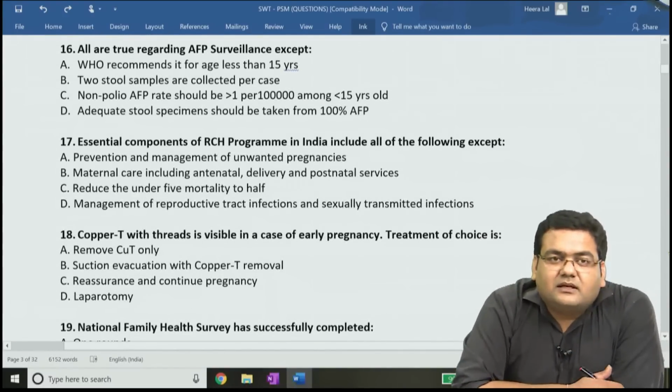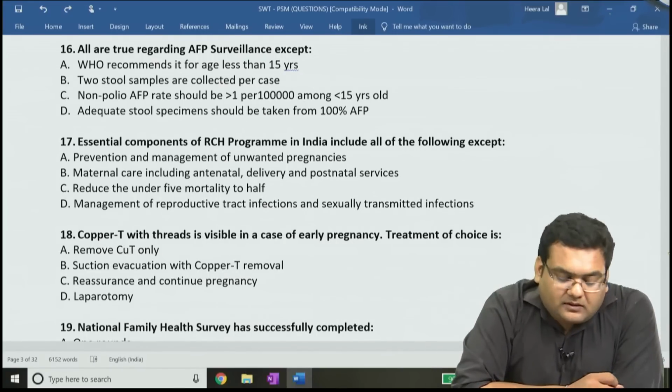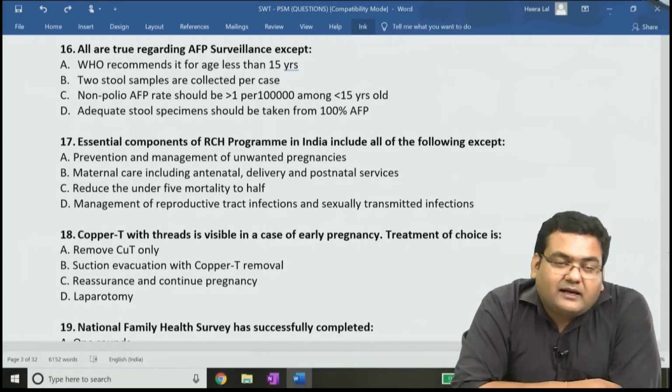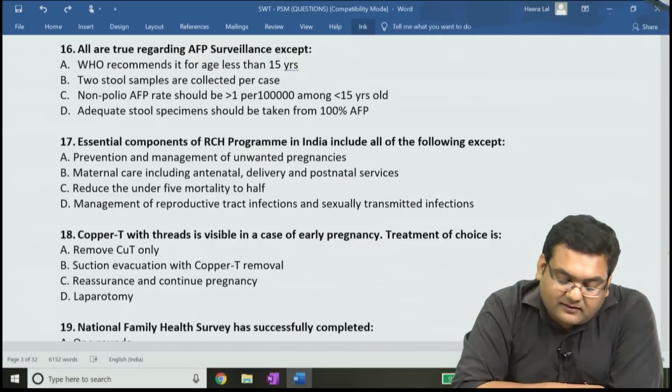Question number 16. All are true regarding AFP surveillance except. The correct answer to this question is option D. Adequate stool specimen should be taken from 100% of AFP cases.